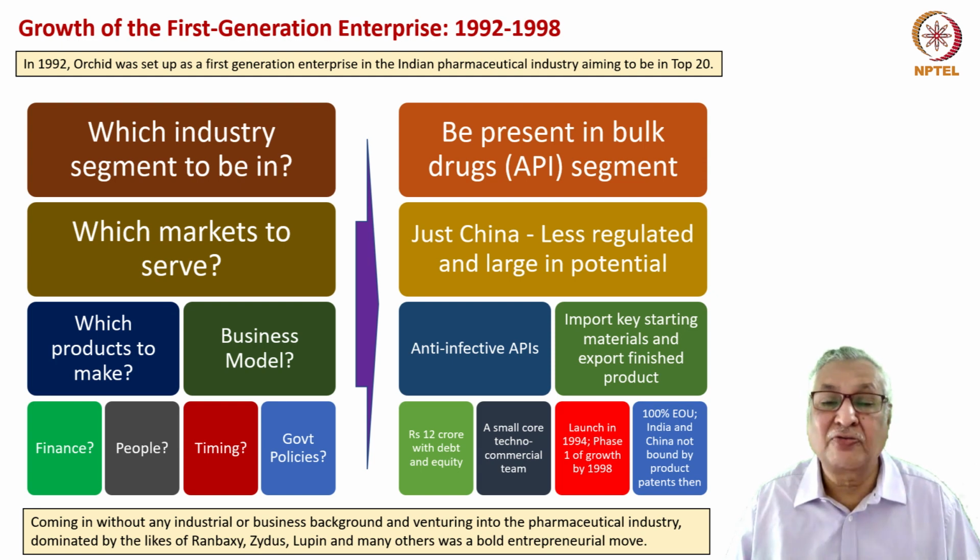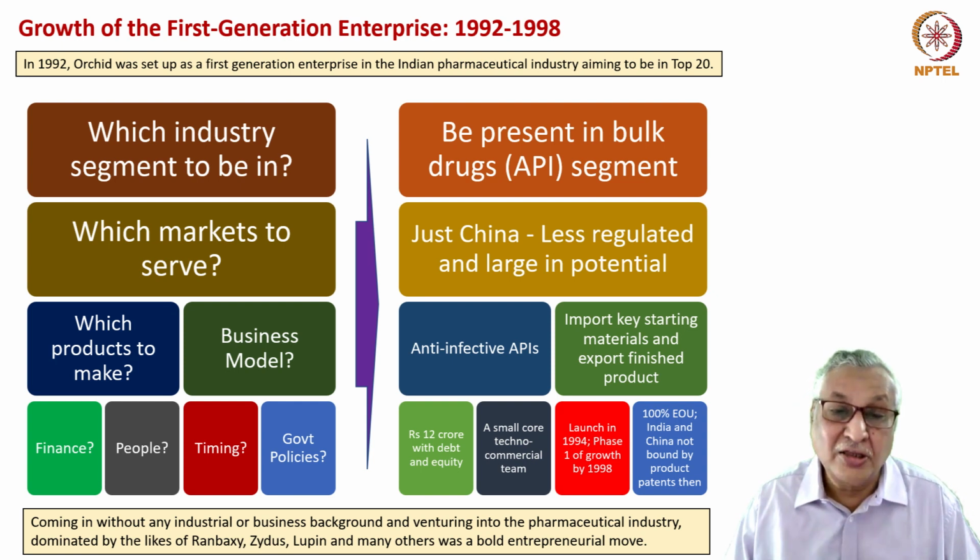And the market to serve was just China. It was less regulated and had large potential at that point of time. Of course, even today, China is a huge pharmaceutical market. Which products to make? The company decided that it would operate in the anti-infective API market because it is an acute therapy product. The requirement goes on continuously in the emerging markets.